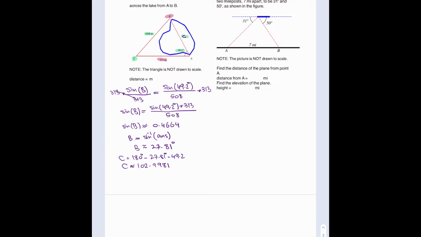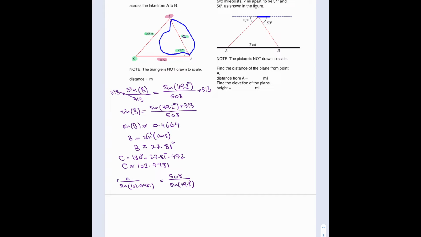Now we need to find side C, so I'm going to say C divided by sine of angle C, 102.9981, is equal to 508 divided by sine 49.2.